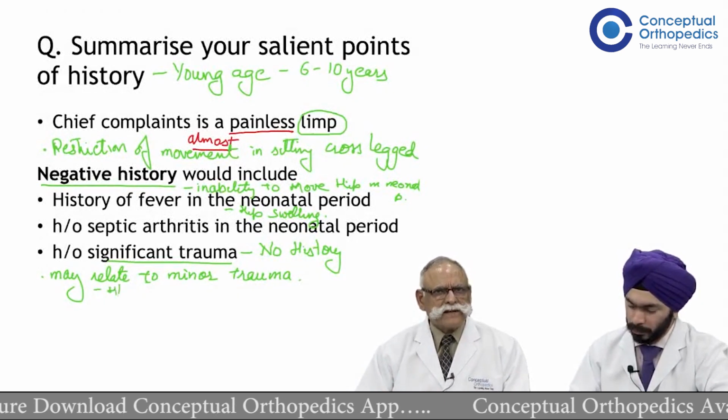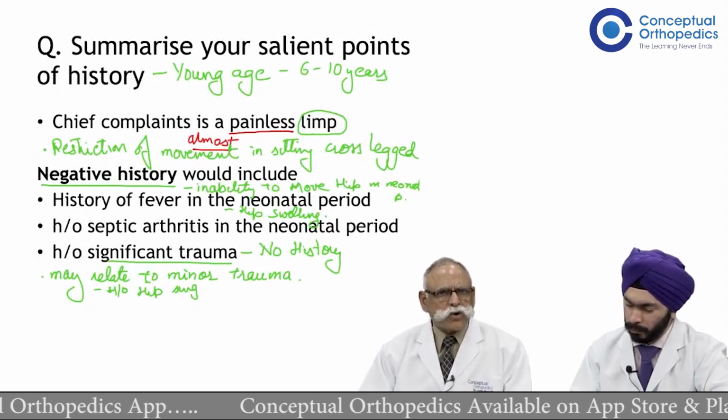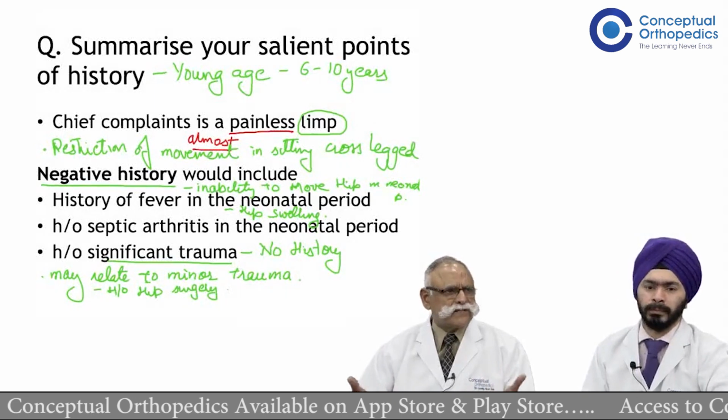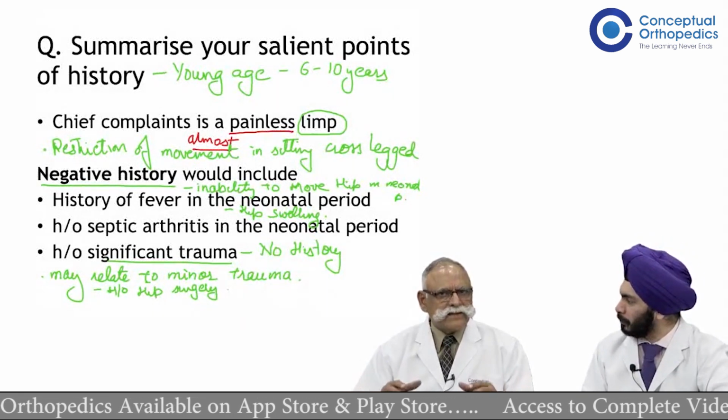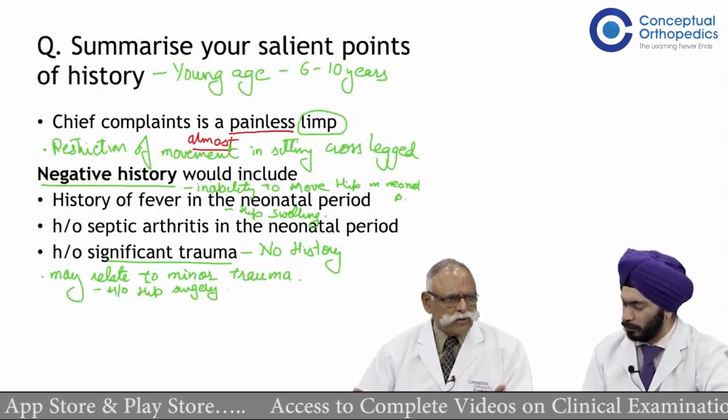So hence, if you know the natural history of a major trauma taking place in early childhood or during 5 to 6 years of age, then you can visualize what could have happened to your patient.